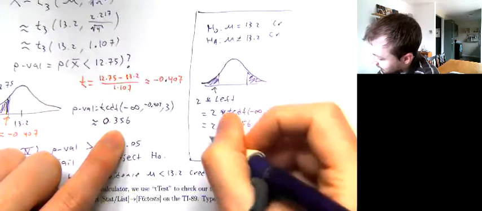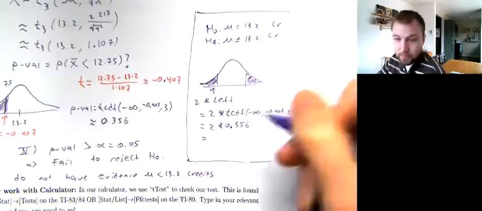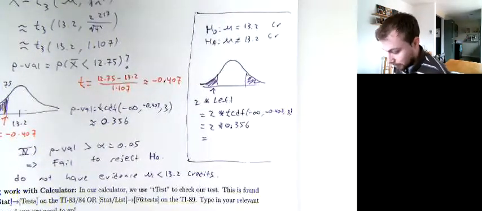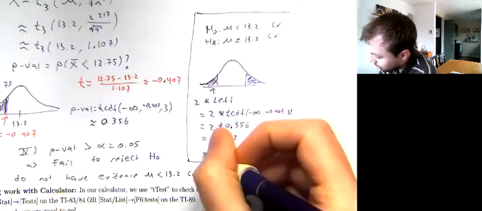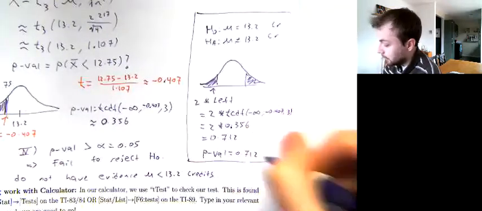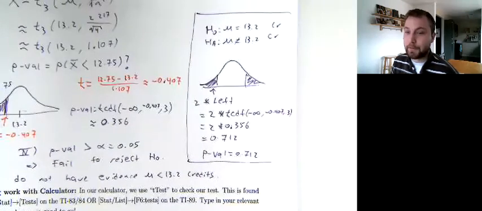It's the same setup. I just need to remember to multiply by 2 whenever I have a two-tailed test. And if I thought I had a large p-value before, I have an even larger one now at 71% or so. That would be a massive p-value. I would fail to reject the null hypothesis for sure.